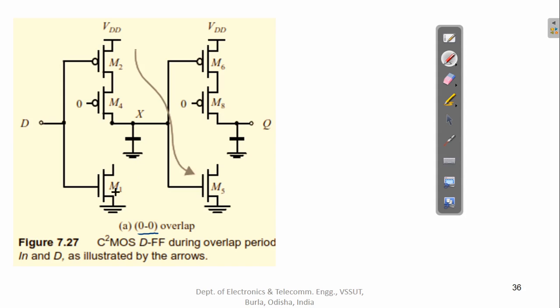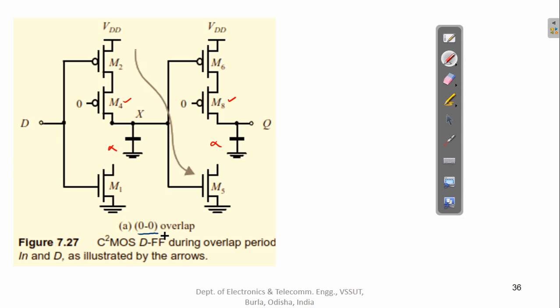Then this M4 is on. This was off, so that's why this path is not shown here, and this will be available on. And this NMOS transistor would be off because 0 was coming at its gate, so this path is not shown here. This is open circuit, open. This is also open. Now this is the situation when a 0 0 overlap is occurring to this circuit.